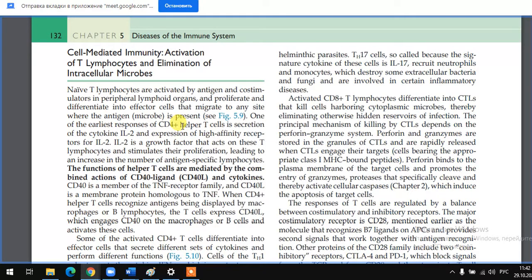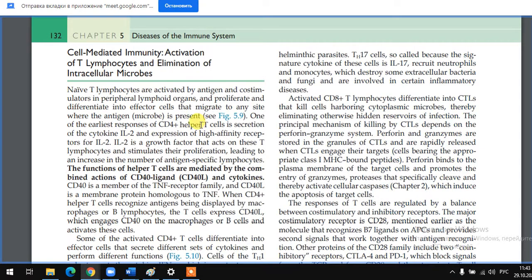As we discussed before, these are dendritic cells and Langerhans cells, typical antigen-presenting cells, but MHC2 is also present in B lymphocytes, and we will discuss it a little later. CD4 positive helper T cells are not responsible for killing cells.